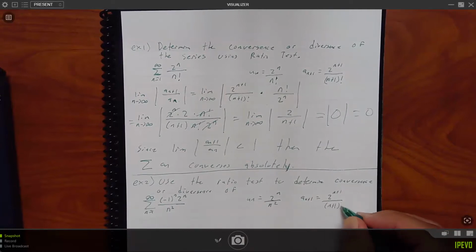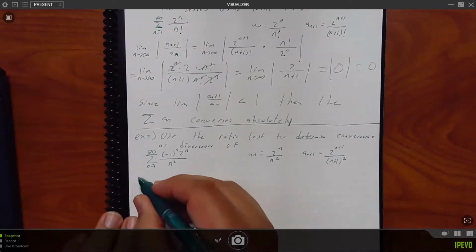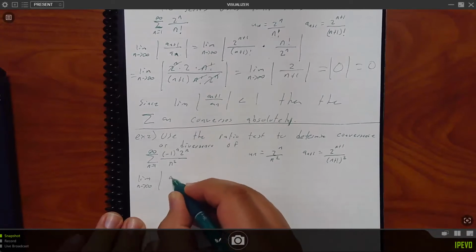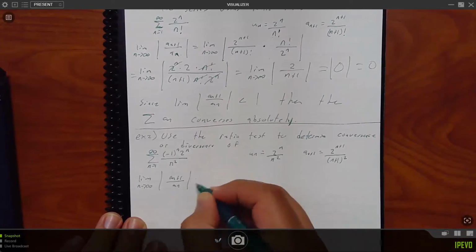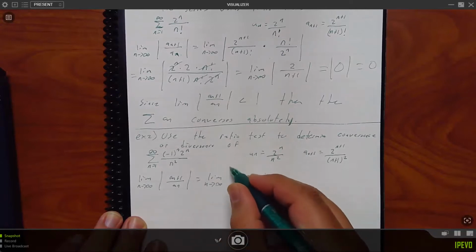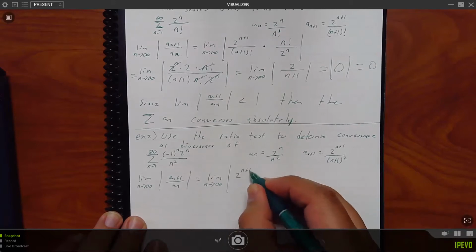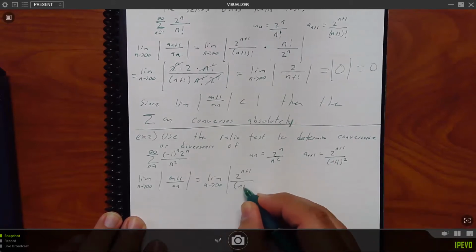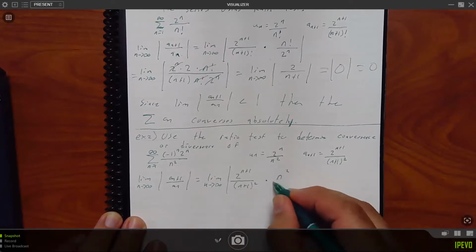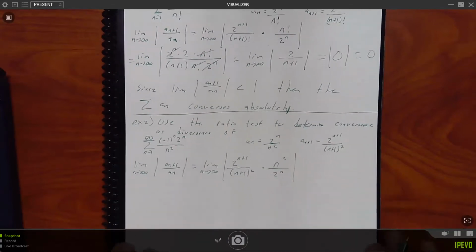So take the limit of this guy. a_(n+1) over a_n would be equal to the limit of this guy first. Here.